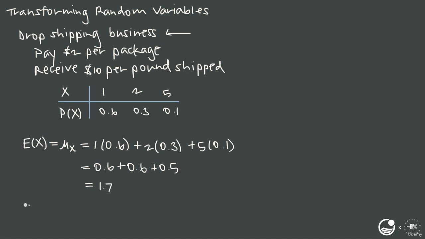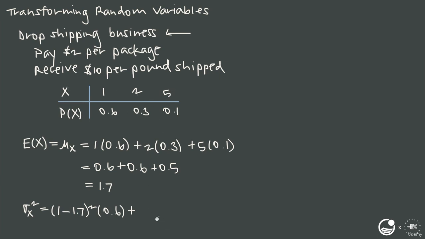Then our variance for this discrete random variable is going to be the difference between each of these weights, 1, 2, and 5, and the mean. So we'll take the first weight here. We'll say 1 minus the mean of 1.7. We square that value and we multiply it by the probability of that particular weight, so 0.6. And then we do that for all of the values that x can take on.